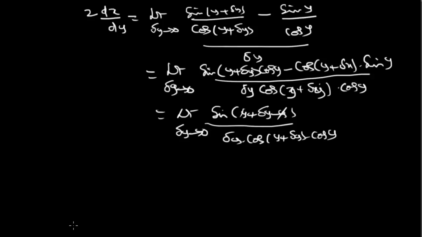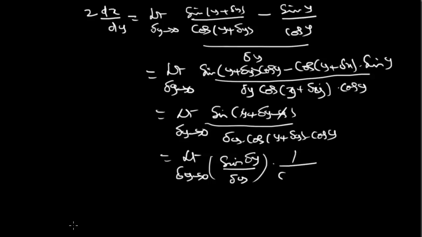Now write in the standard form where you can evaluate the limit as delta y tending to 0: numerator sin delta y, denominator delta y. Combine together, put it in a bracket, and the rest as cos of y plus delta y into cos y.